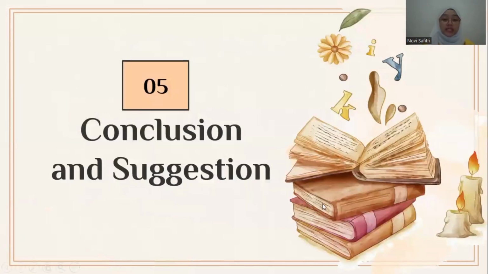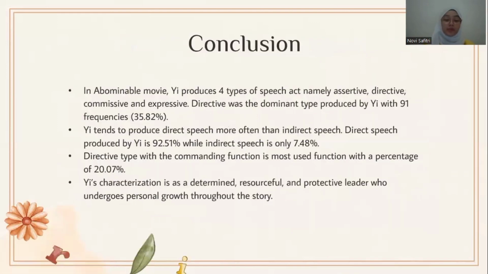So we're moving to the last part of this presentation, which is conclusion and suggestion. Conclusion. In the Abominable movie, Yi produces 4 types of speech act, namely assertive, directive, commissive, and expressive. Directive was the dominant type produced by Yi with 91 frequencies or 25.82%. Yi tends to produce direct speech more often than indirect speech.